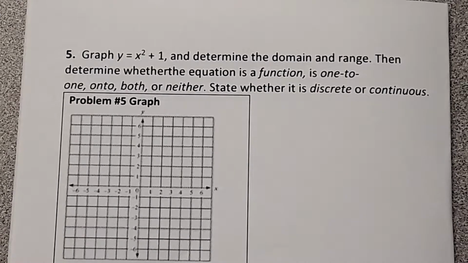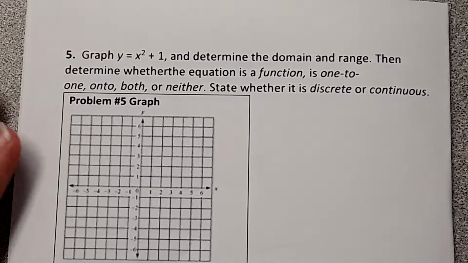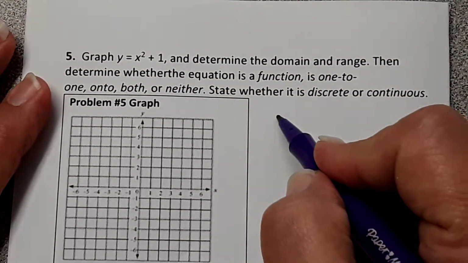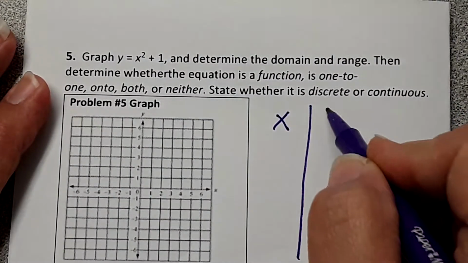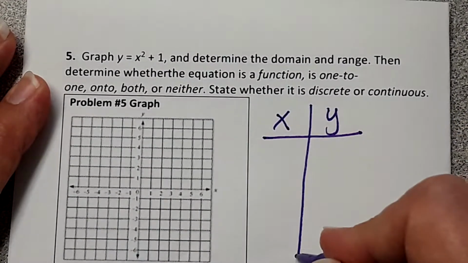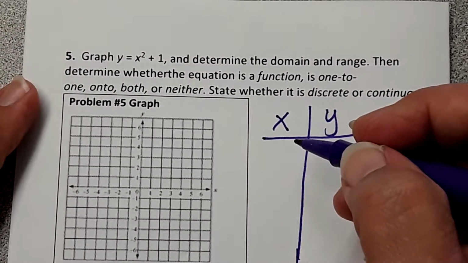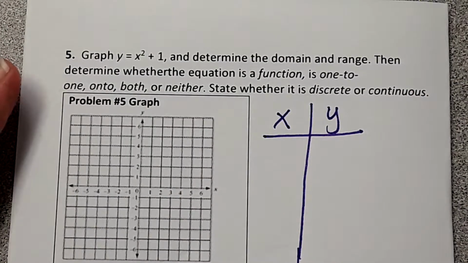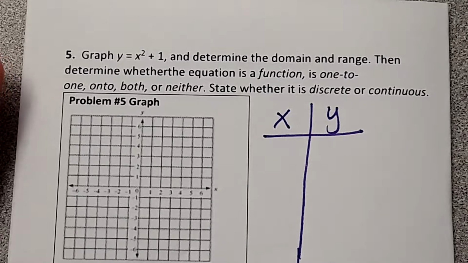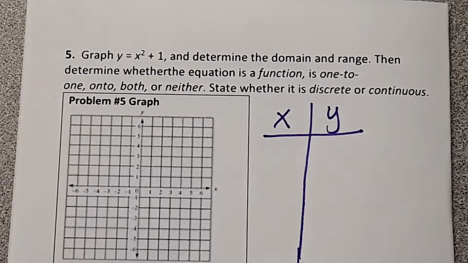Okay? So, how would we do this? So let's make our own x and y. Our graph looks like it only goes up to, let's see, -6.